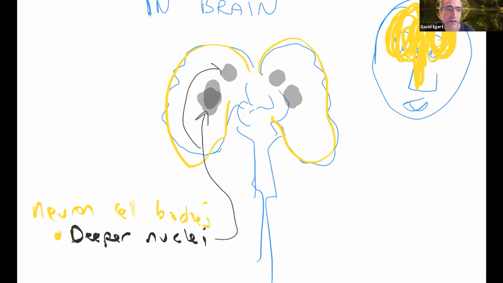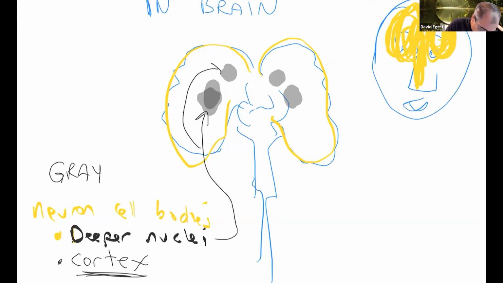Kind of like that. So there'll be some areas in the brain where we have nuclei, clusters of neuron cell bodies that are little islands deep within there. But then there's also going to be what we call the cortex. So this is, and we're going to call this gray matter.